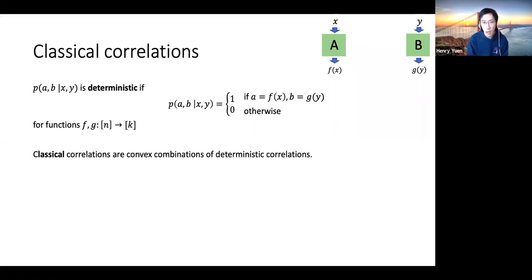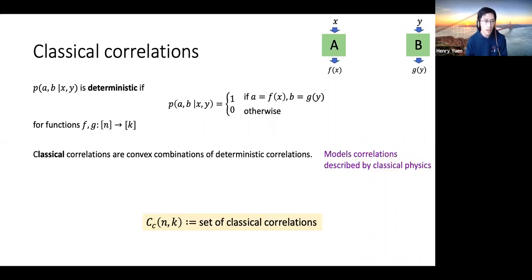You can also take convex combinations of these deterministic correlations, and that comprises the set of classical correlations. We can give this set a name. If you fix the number of allowed inputs and outputs, n and k, we write C sub c, n comma k to denote the set of classical correlations. It's some convex set in real space.